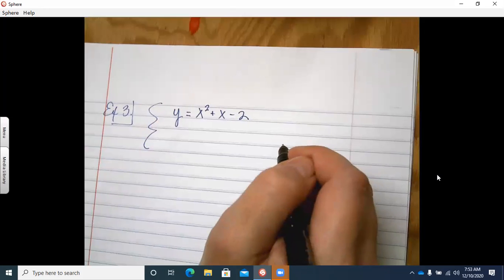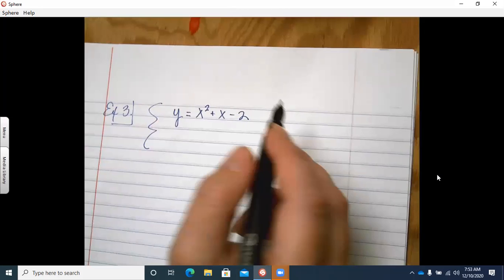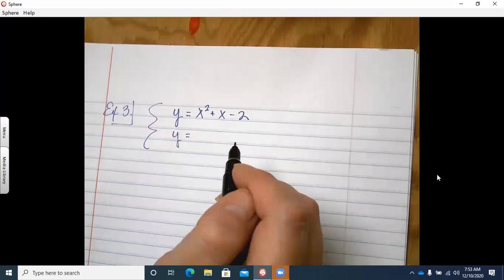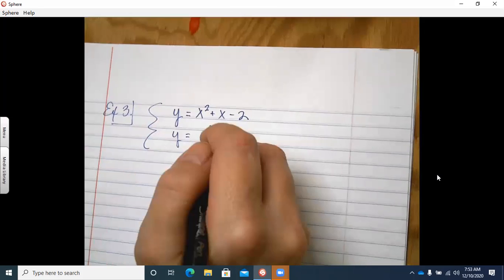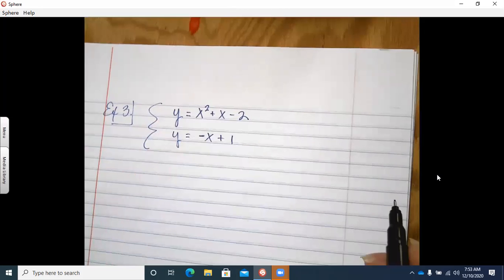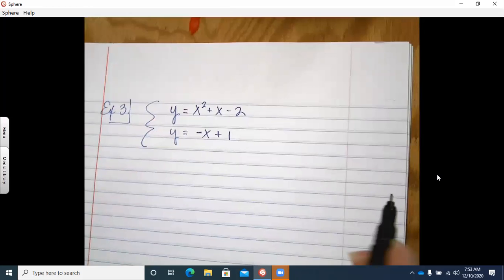And my other equation is y equals negative x plus 1. Now, they use y's this time instead of f of x and g of x, but y'all know how to set them equal to each other, right? Okay.